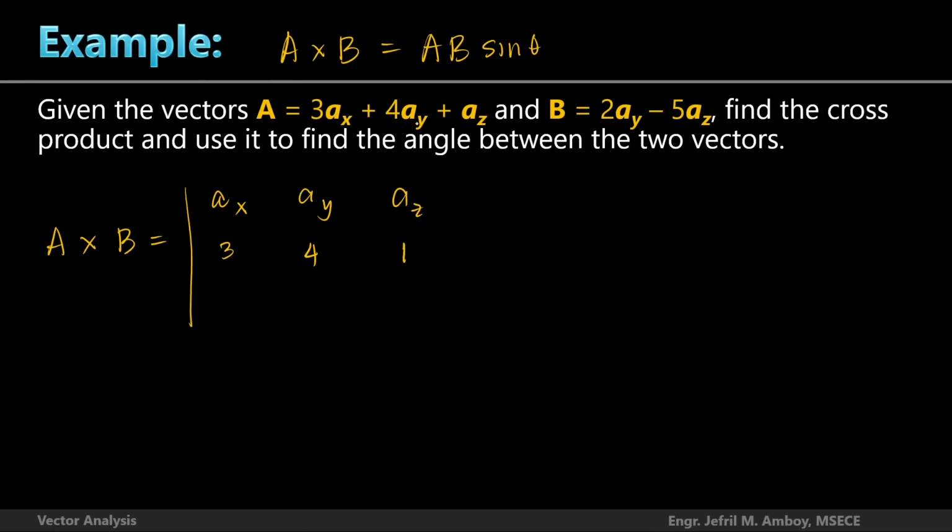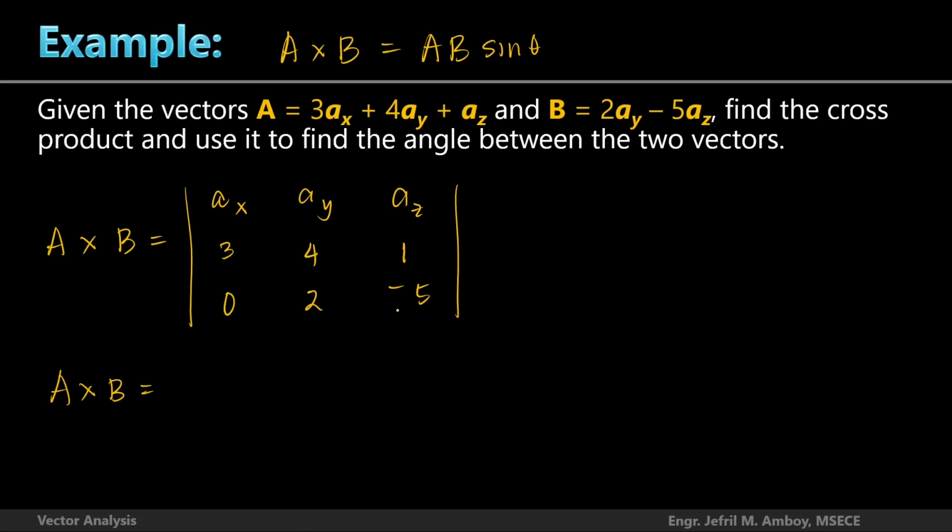And for the second vector, vector B, its components are, for ax, 0, and then for ay, 2, and negative 5.